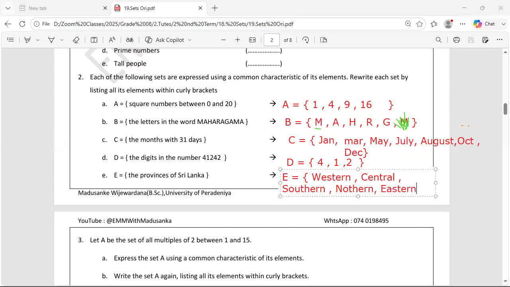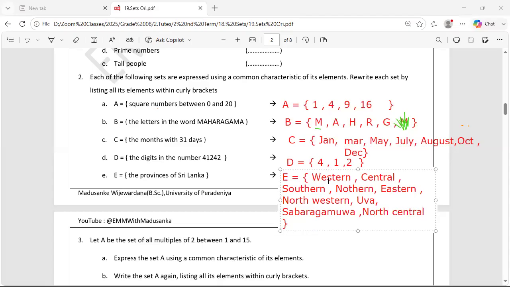Eastern, comma. Northwestern. Then North Central. 1, 2, 3, 4, 5, 6, 7, 8, 9. Great.